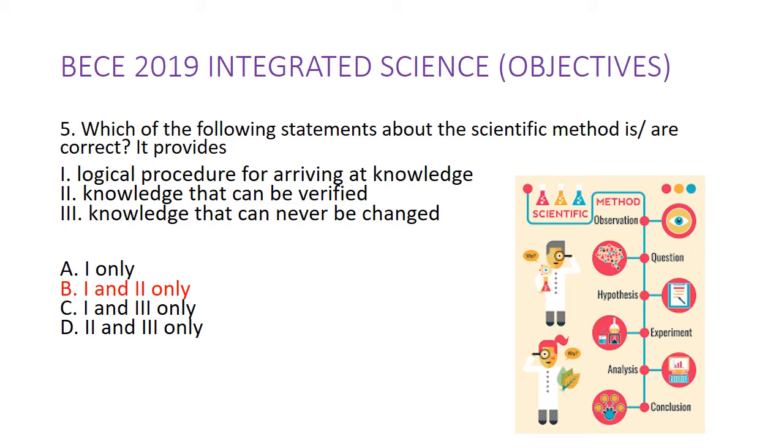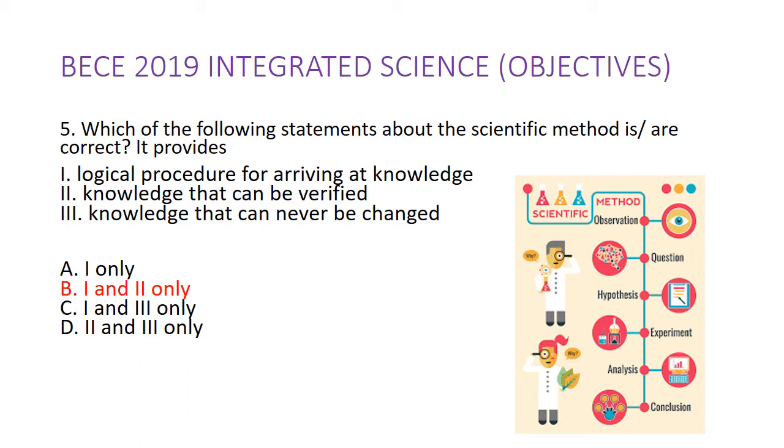So you will realize that the scientific method provides a certain step-by-step approach or procedure which helps scientists to arrive at knowledge or a discovery, as it were. Without the scientific method, scientists will just be doing anything anyhow, according to their own ways.